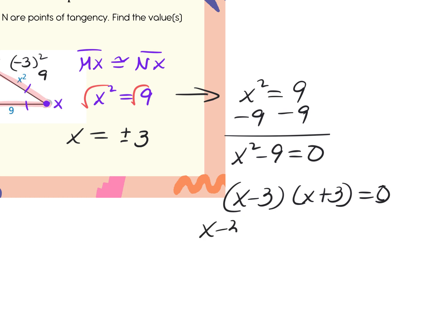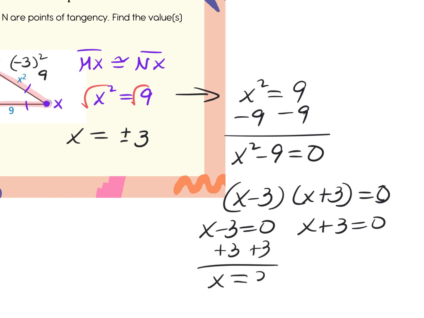So x minus 3 equals 0, x plus 3 equals 0. We will add 3 to both sides on this one. So my first answer is x equals positive 3. And then this one will be x equals negative 3. So both answers satisfy this equation. It doesn't make any part of the picture negative.